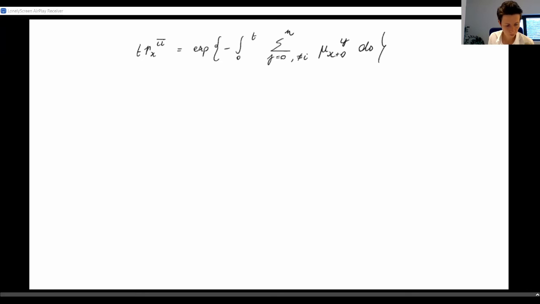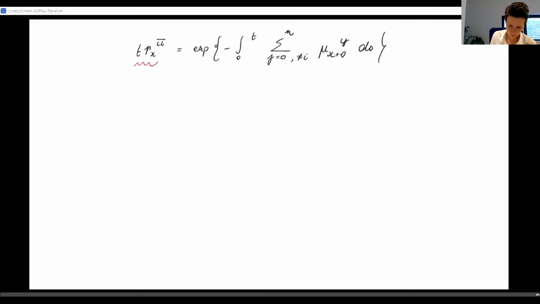Yeah. So what am I going to do? First of all, this is the probability here of staying in state i from time 0 to time t.